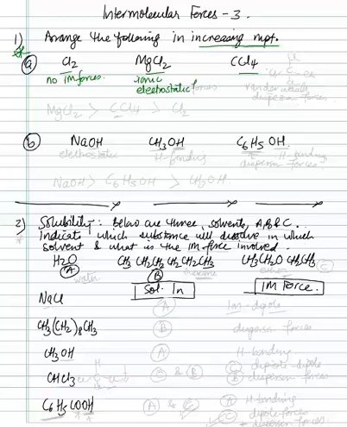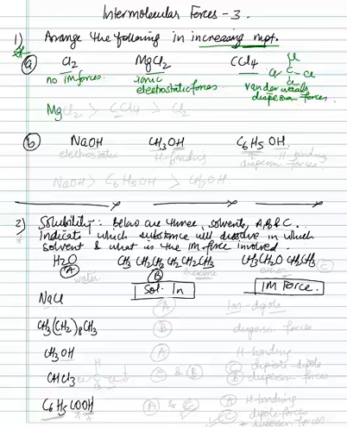electrostatic forces. For CCl4, which is this, we've drawn this before, tetrahedral, I have only van der Waals forces, or dispersion forces. Okay, so to look for something that is increasing in melting point, it means that I have to look for higher intermolecular forces.